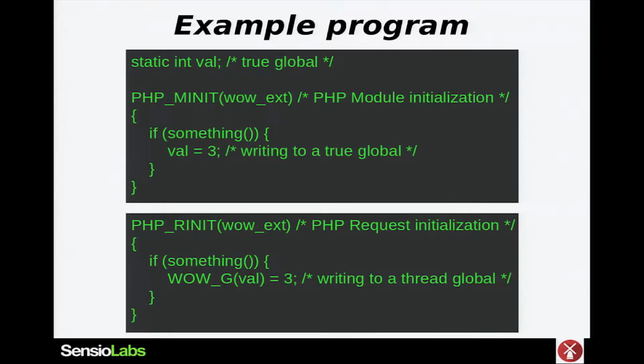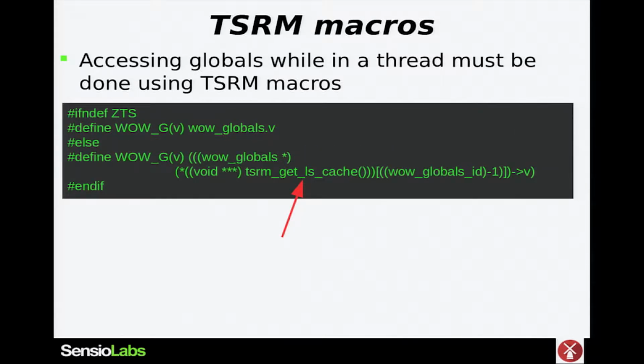So what you do usually is use a macro, which has been designed for that, and that macro will resolve to something like this. If you don't use Zend Thread Safe, the macro will resolve to just a global symbol. So you are in processes. You don't have to have your own memory because you live in processes, so the kernel already took care of that for you, so everything is all right.